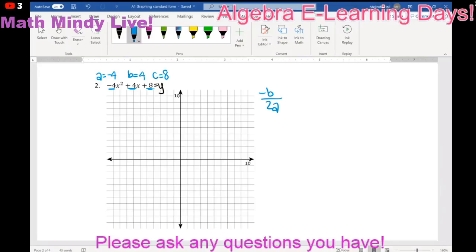And so when we are finding the axis of symmetry, x is going to be -b over 2a. And so b is +4, and so we would have -4 over 2 times a, which is -4. And so then we would have -4 over -8 when you multiply those two. And then we can simplify that because we can divide the top and the bottom by -4, and so that would be 1 over +2.